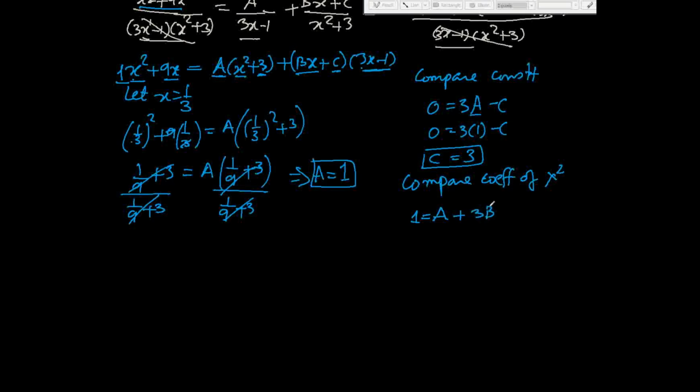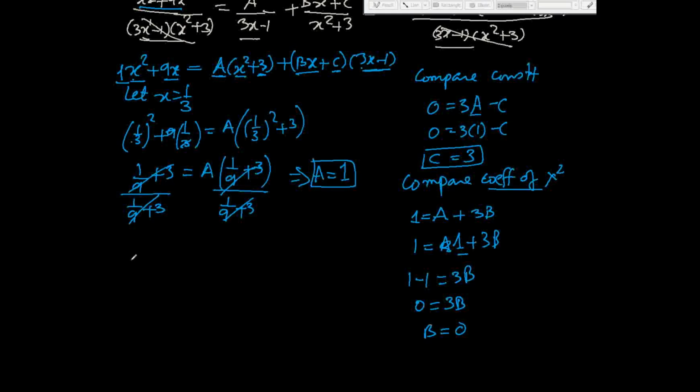So 1 equals A, which is 1, plus 3B. Let's bring this 1 to the left side. 1 minus 1 equals 3B. 0 equals 3B, that is, B is also 0.